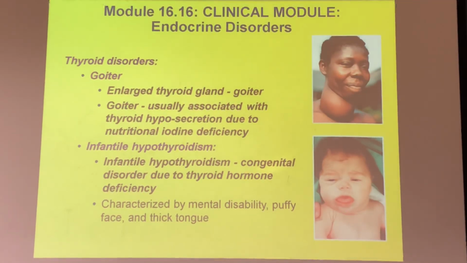It's congenital, meaning the kids are born with it because of thyroid hormone deficiency. So infantile hypothyroidism, you can basically say, is a defect of the thyroid gland, right? But for goiter, you have to find out why it happened. It is because of the hyposecretion due to iodine.